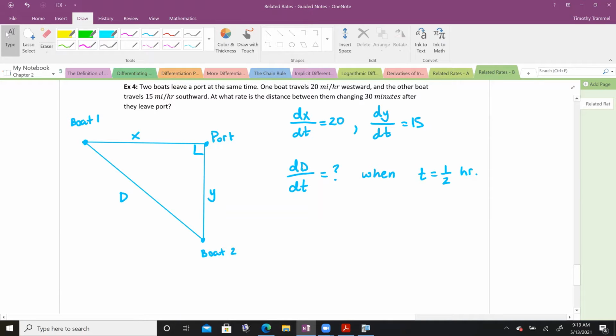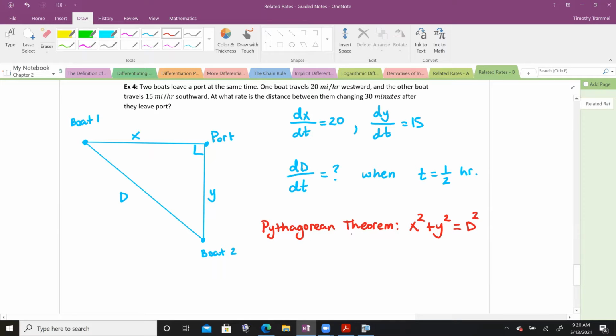We just need an equation that would relate x, y, and d for a right triangle. And that is going to be our Pythagorean theorem. So this looks like x squared plus y squared is equal to d squared.